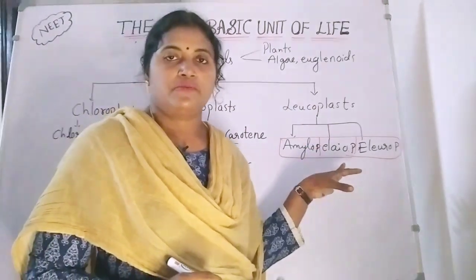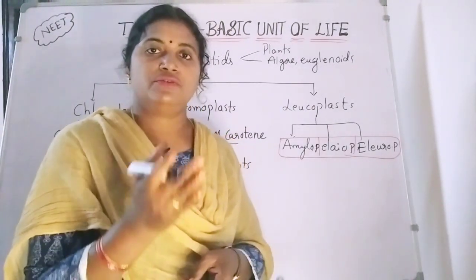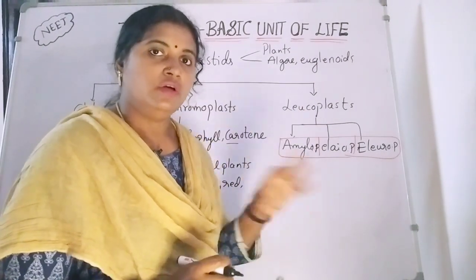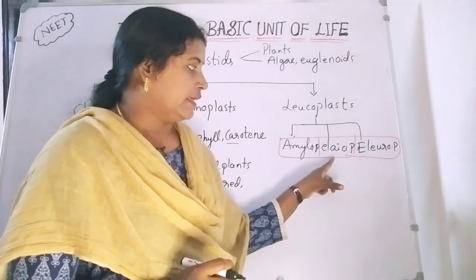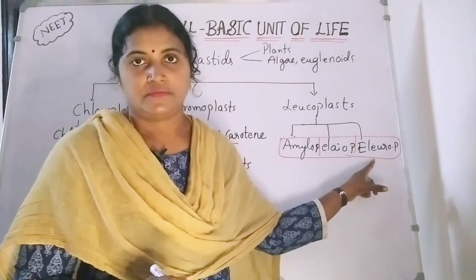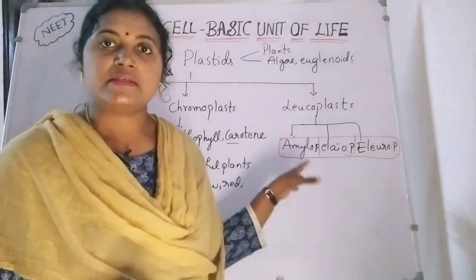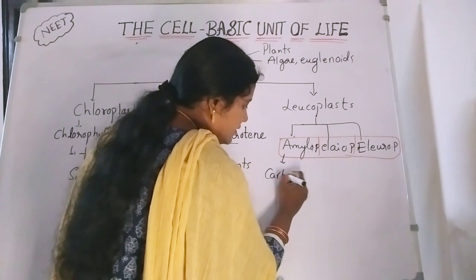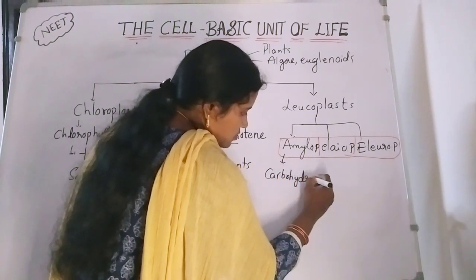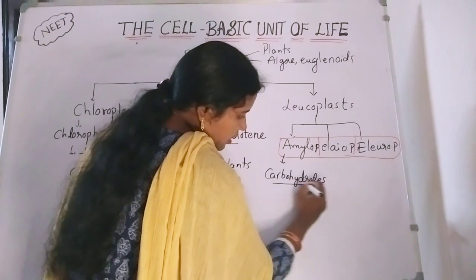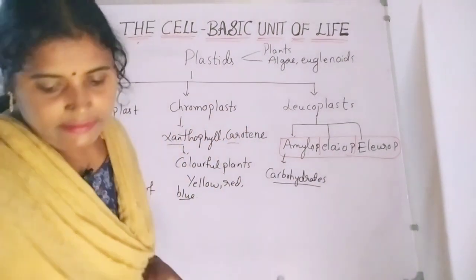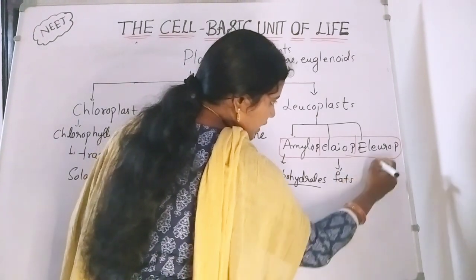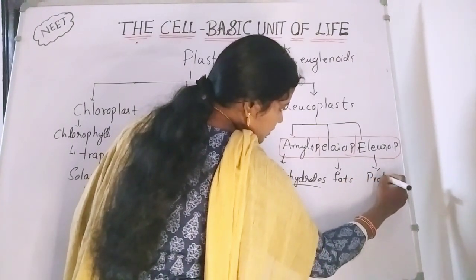Based on the function and structure, leucoplast is also divided into three types: amyloplast, elaioplast and aleuroplast. Amyloplast is responsible for carbohydrate storage, elaioplast for fats, and aleuroplast for proteins.